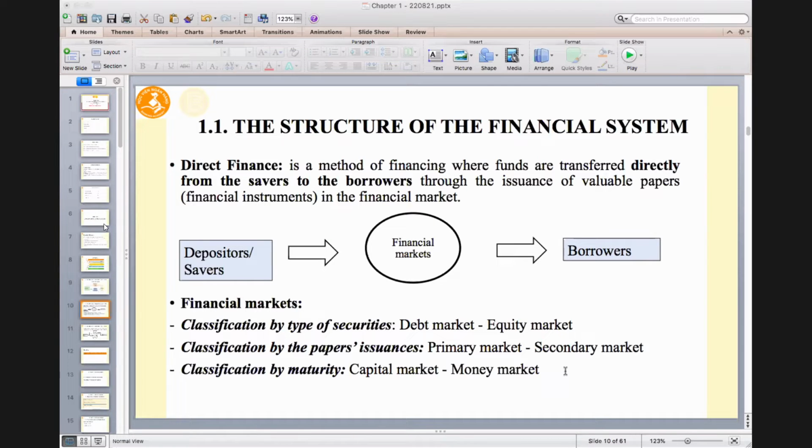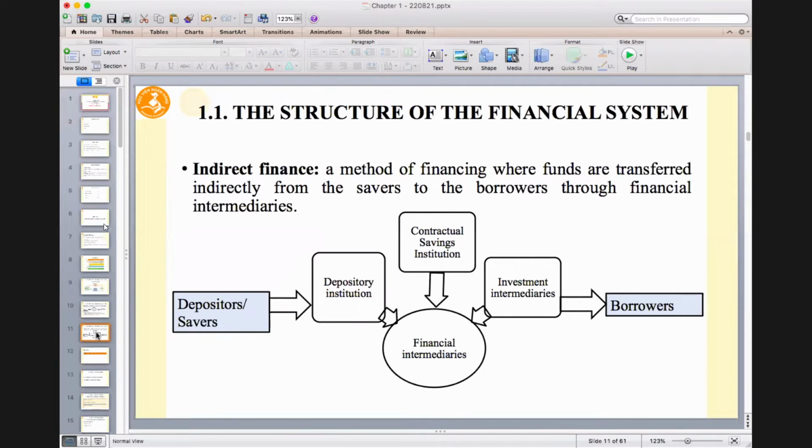Yes, thank you. Exactly, totally exactly. Very good. So there are many ways to classify the kinds of financial market, right? Next, indirect finance. In indirect finance, the depositor and the borrower connect through financial intermediaries.